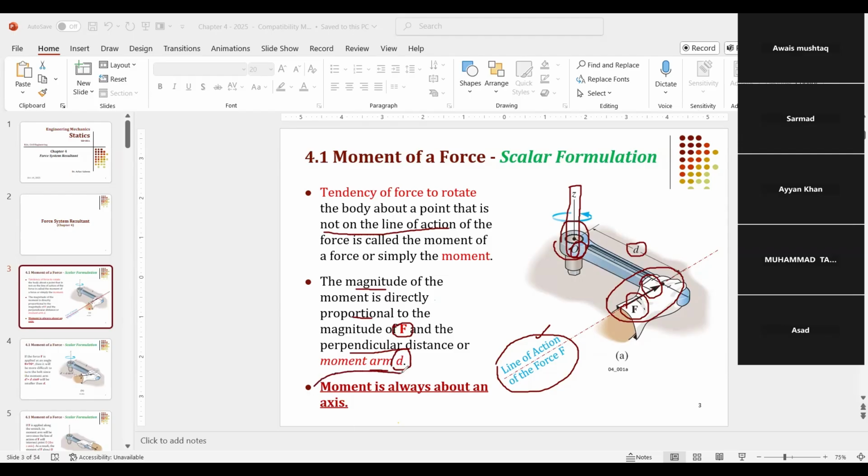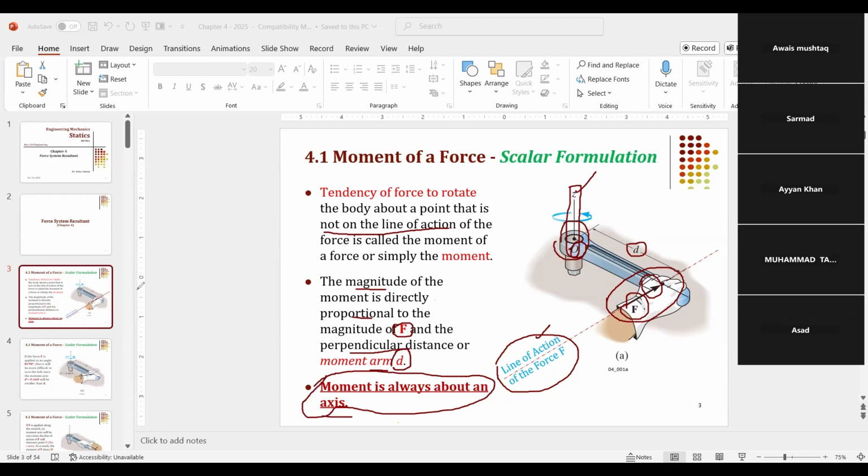And as I said before, moment is always about an axis. Here, the moment is about the z axis. But you will see that commonly we will say moment about a point. That is just a simple way of saying it.